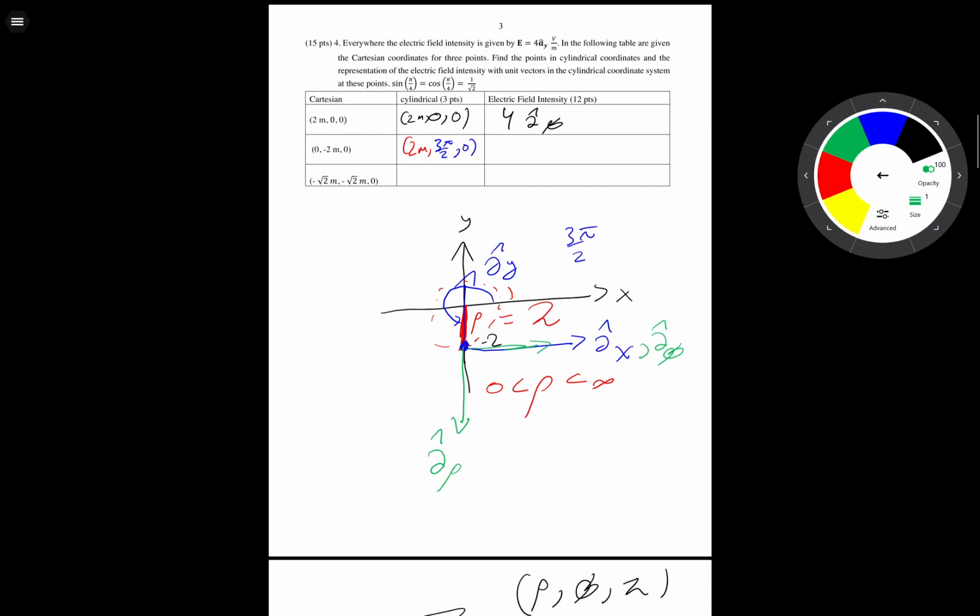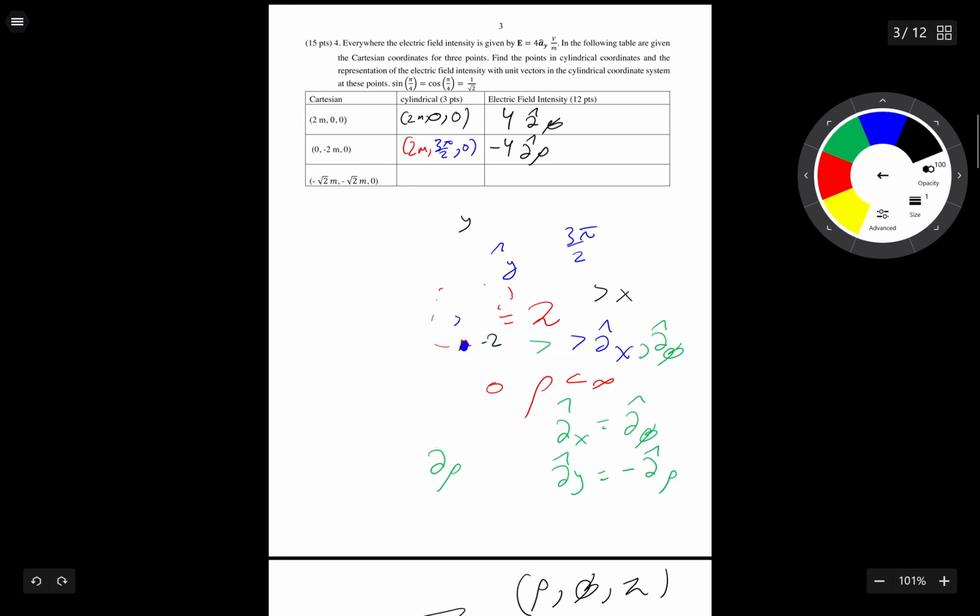So from here we can see that our component a of x equals a of phi, and our a of y component is the exact opposite of a of rho. So we can write our electric field intensity as -4 a of y. Oh no, we have to write it in terms of cylindrical coordinates. So this is just going to be -4 a of rho.